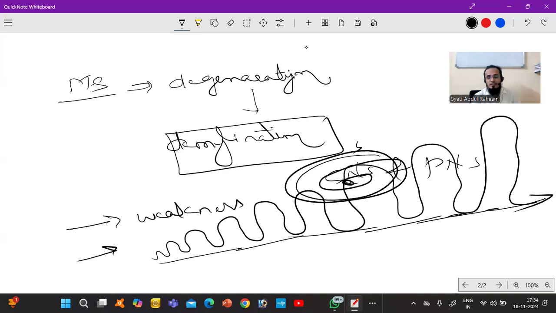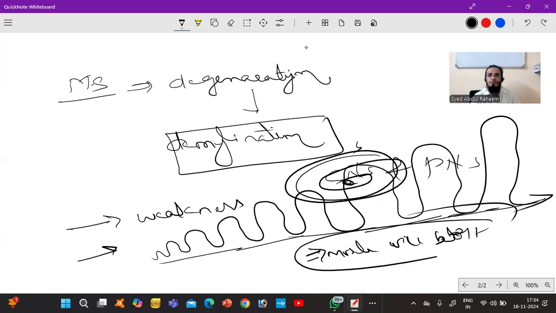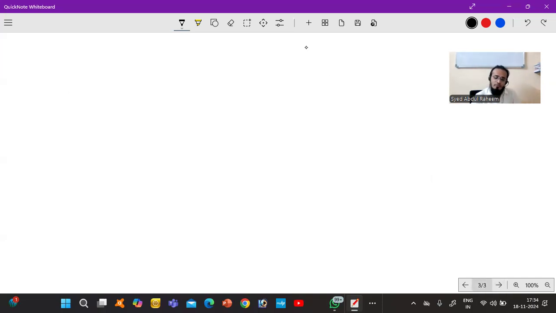And the connection to the muscles will be lost. These things happen because of demyelination. This is the main thing you have to remember about MS.